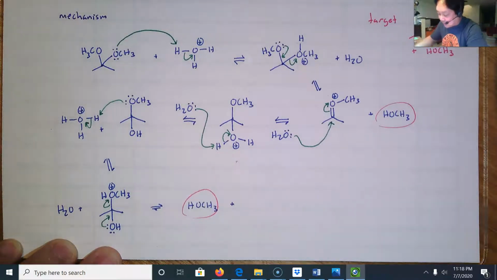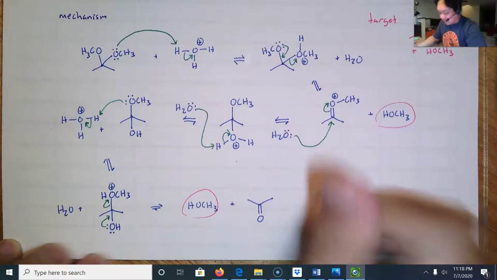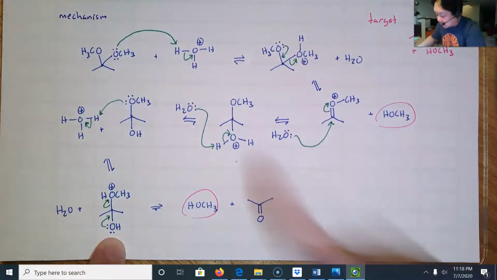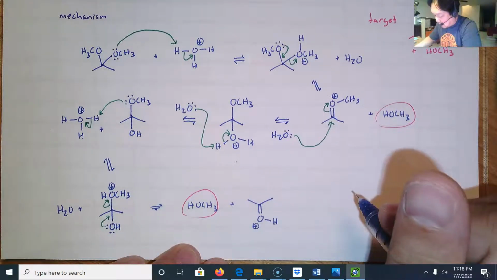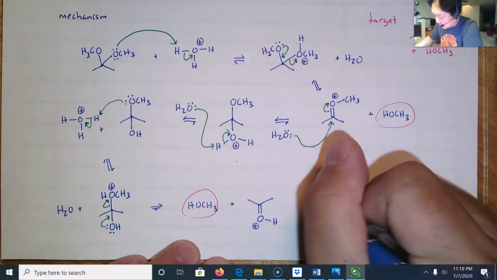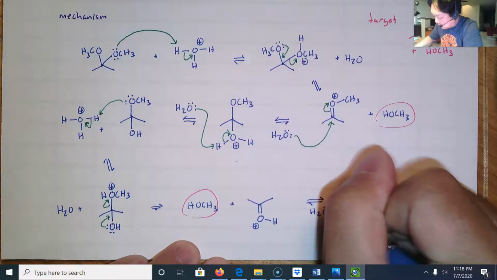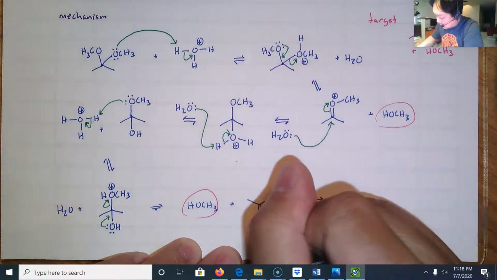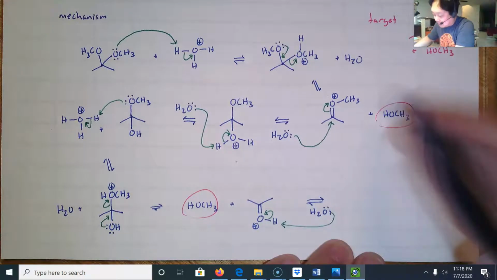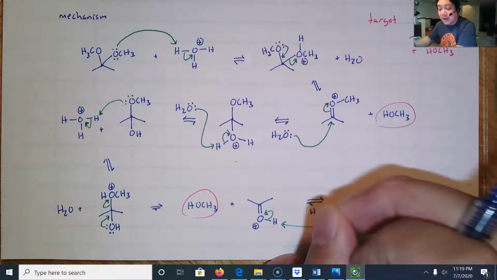Do we have the ketone yet? Not quite. We have this oxygen, but see that hydrogen still is attached. And I'm just going to use water again to deprotonate. What I'm hoping for, I don't know yet, I'm hoping that we have 7 steps, and it's the complete backwards of what we did in the last video for acetal formation.